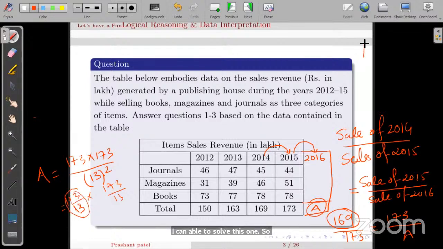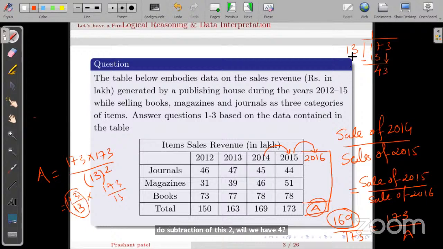So 173 divided by 13, making 1, 13 ones are 13. Doing the subtraction, we have 4, and this 3 carries over.